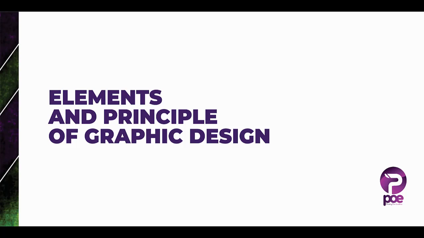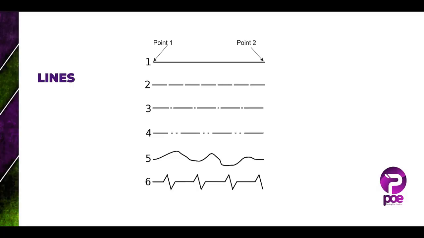Those elements are the ones that make graphic design happen, and one of them is lines. Lines are one of the basic and simplest units of this skill, and you must learn how to use them. Lines can be curved, straight, thick or thin, two-dimensional, and the rest of it.